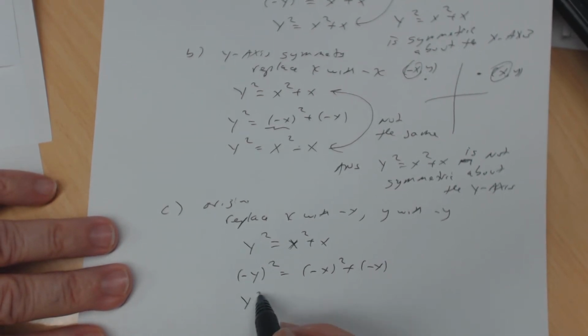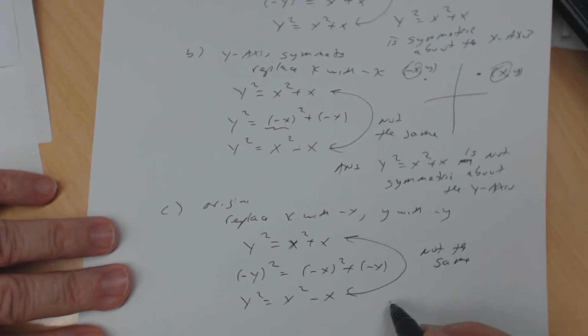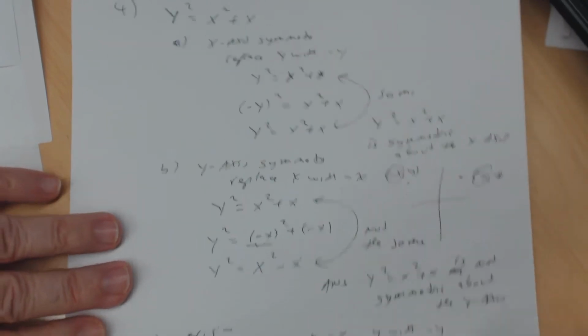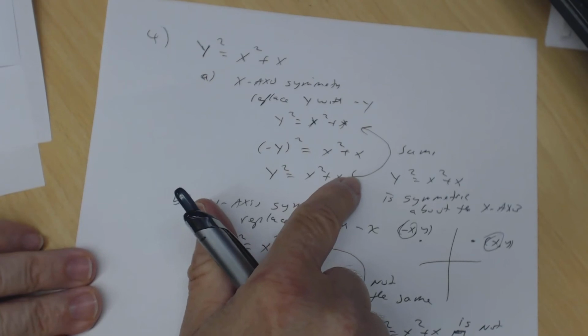Negative y squared means y squared. Negative x squared means x squared. And then that becomes minus x. I can compare these two. You notice that they're not the same. So that means that y squared equal x squared plus x is not symmetric about the origin. So it only has one symmetry. The only symmetry it has is the x-axis symmetry.